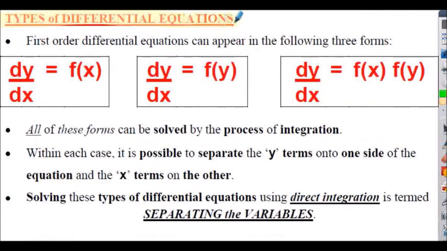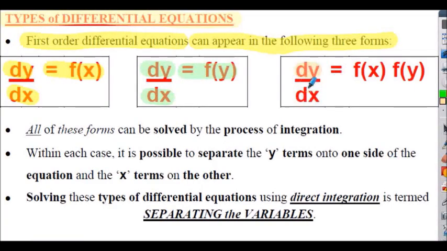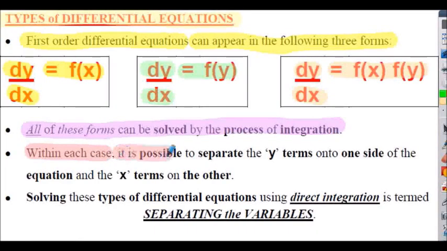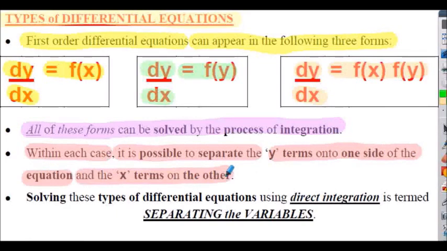Types of differential equation. First order differential equations can appear in the following three forms. dy/dx is equal to a function of x, dy/dx is equal to a function of y, and dy/dx is equal to a function of x times a function of y. All of these forms can be solved by the process of integration, and within each case it is possible to separate the y terms onto one side of the equation and the x terms onto the other.